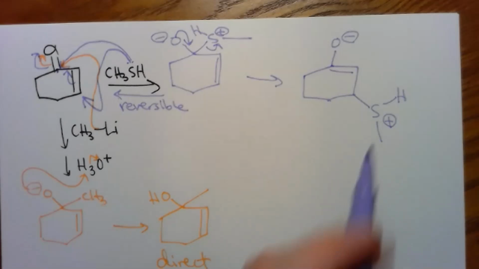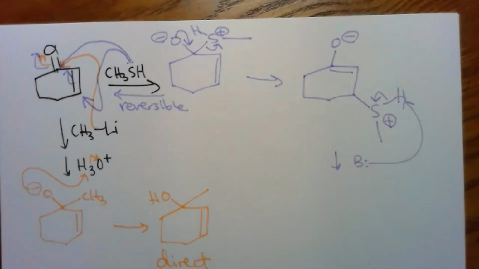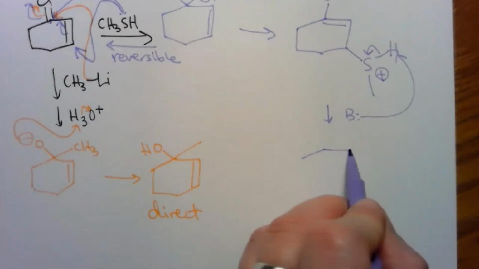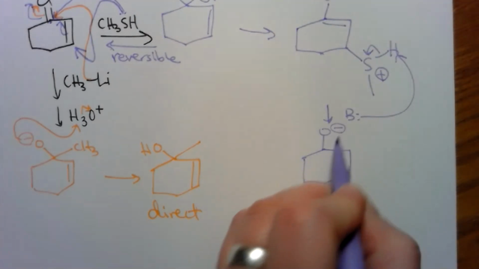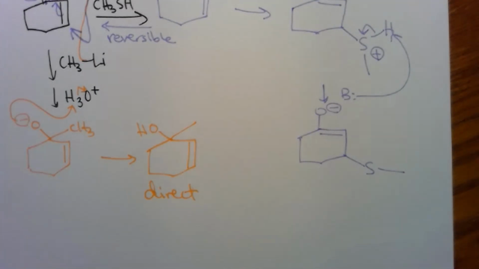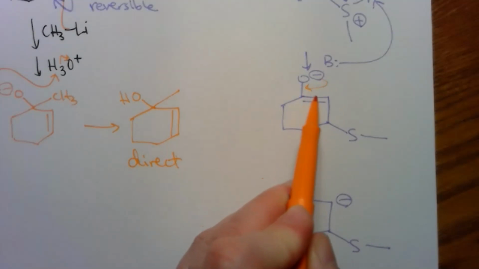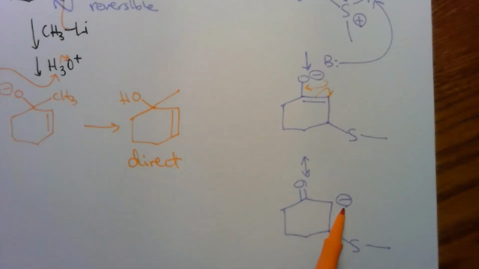So I get here, and some base comes to clean up. And I get this thing. Well, this thing looks interesting and strange. I can draw resonance of this thing. The resonance makes a C minus out here instead of an O minus.